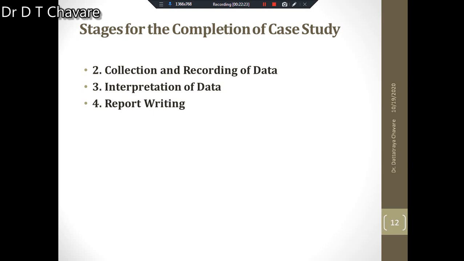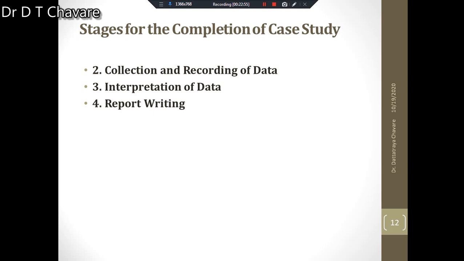While collecting the data, unusual or rare cases pertaining to the social unit under study should not be overlooked, but should be regarded as exceptions. A careful collection and recording of the data is a skillful task. How you collect the data carefully and how you record the data carefully is also a type of skill, and that's why this task is called a skillful task.